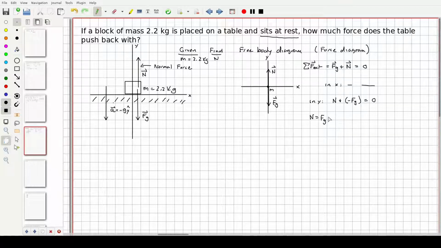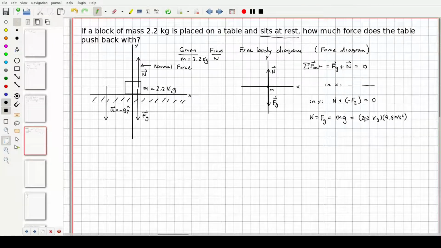Now, the equation for the force due to gravity is m times g. So, here, the normal force is 2.2 kilograms, sorry about that, doing so many kinematics problems, times 9.8 meters per second squared.